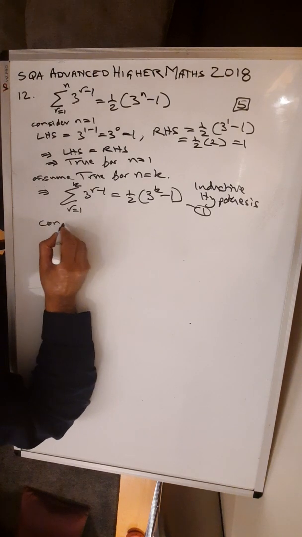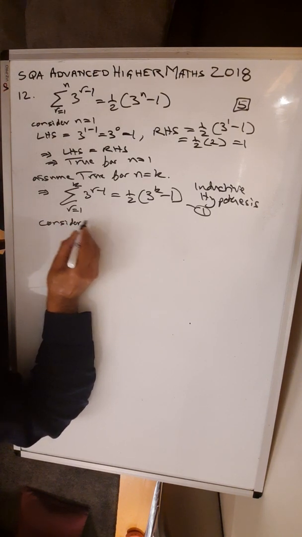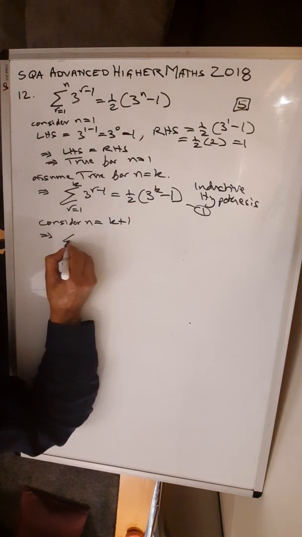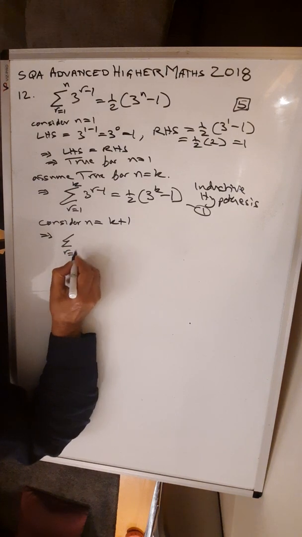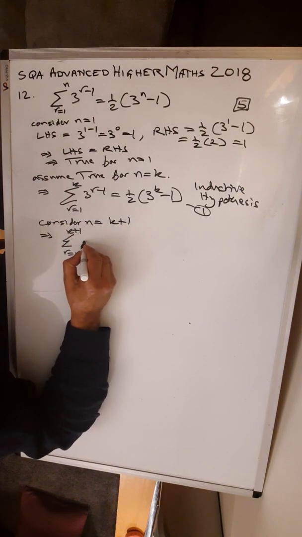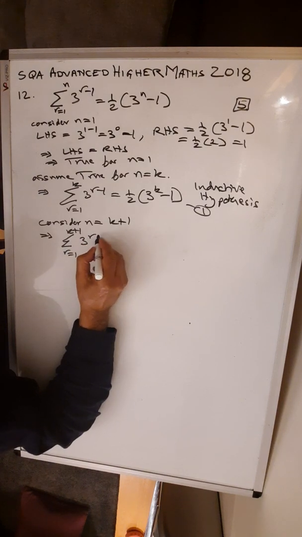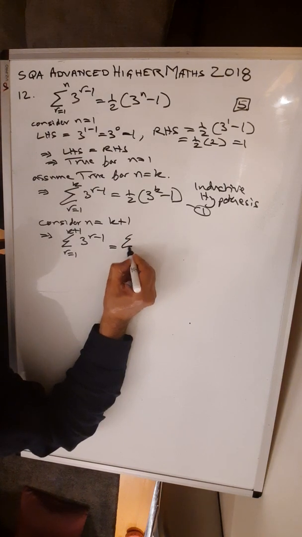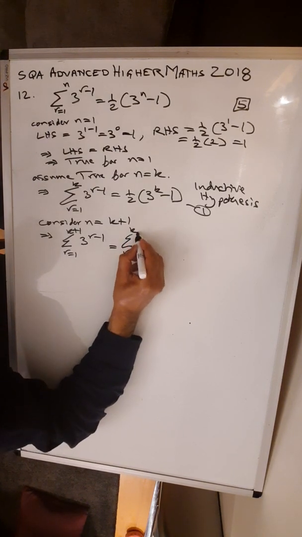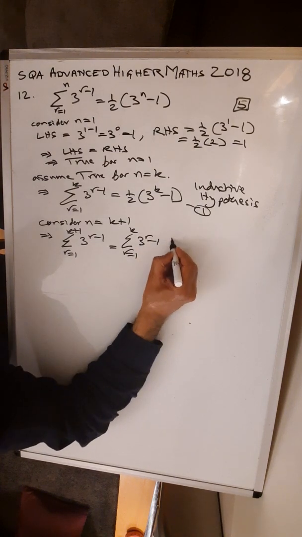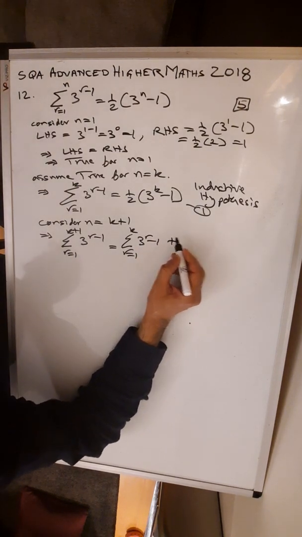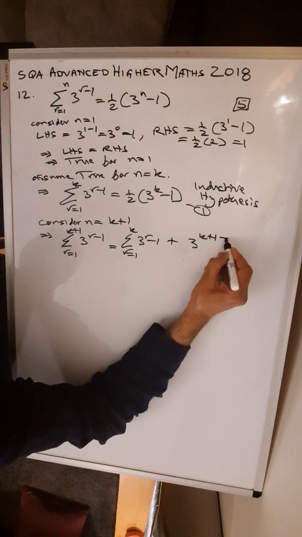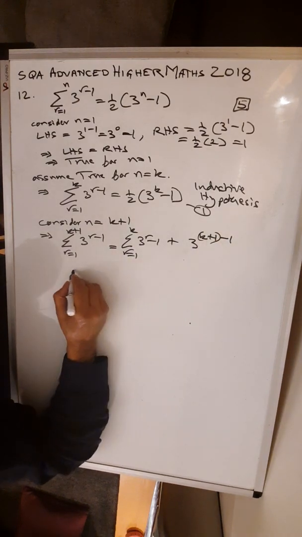Consider n equals k plus 1. That implies that the sum from r equals 1 to k plus 1 of 3^(r-1) is equal to the sum of r equals 1 to k of 3^(r-1) plus the next value, which would be 3^((k+1)-1).